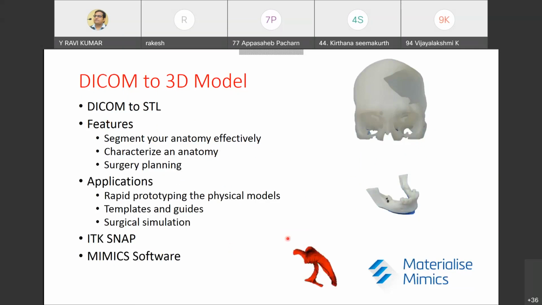After that, why do we need to convert this DICOM to STL? We are using these software packages because they can segment our anatomy effectively, so that we can check our anatomy at a very minute level, precisely. In a few diseases, like in the foot, the bone gets eroded.